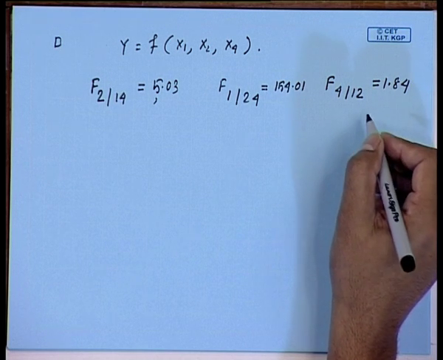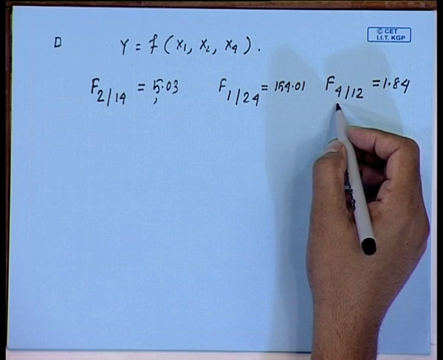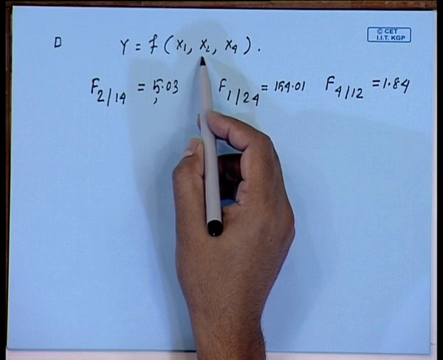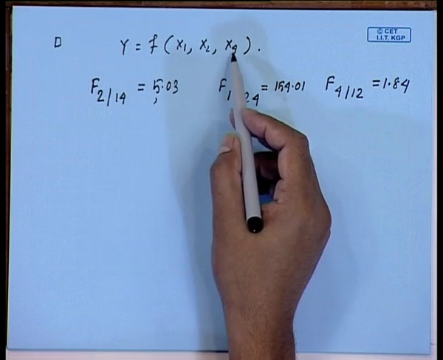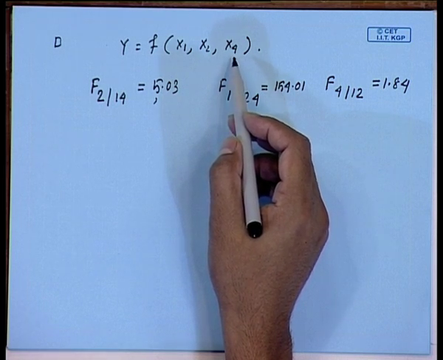And now see, before, even in the presence of x 1, x 4 was significant, that is what we proved in the last slide.